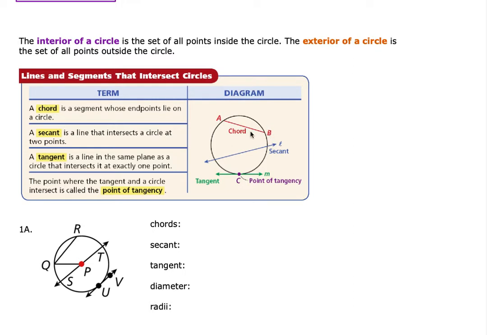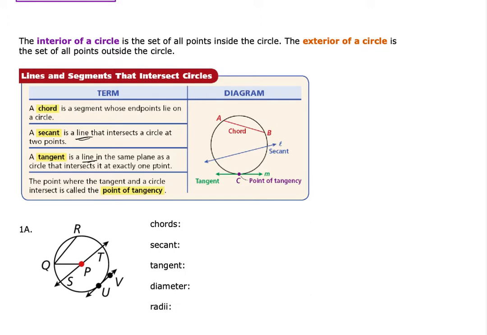Okay. Secant and tangent, these are lines. I want you to note that where a chord is a segment, secants and tangents are lines. And a secant is a line that intersects a circle at 2 points. Okay. So L here is a secant. Tangent is a line and it intersects at exactly 1 point.